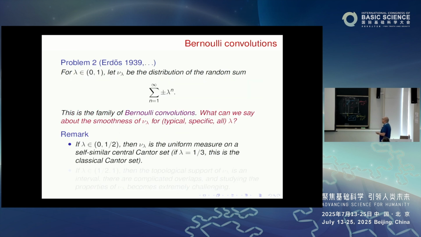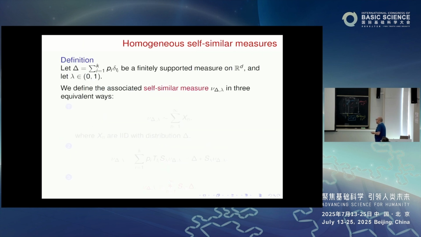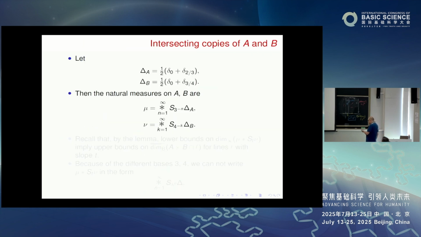So this is the reason why we define the corresponding deltas in this way. Everything is uniform because I want to have a measure which is as uniform as possible on these sets. This is why I just use the average, and then I put atoms at 0 and 2/3.